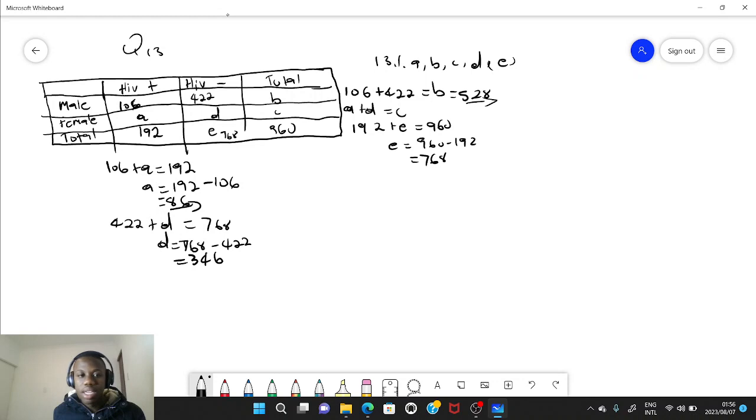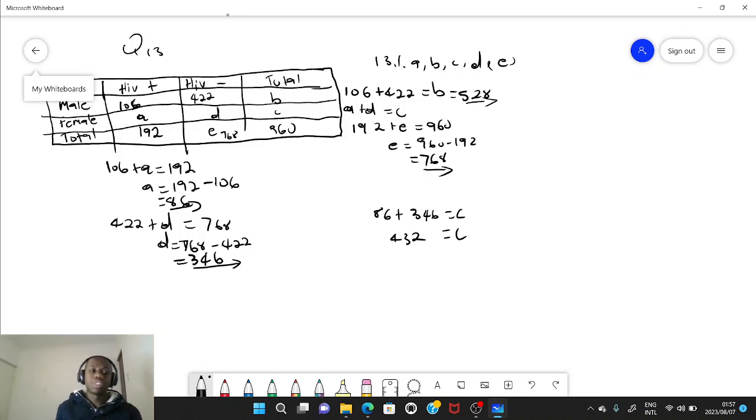So when I add 86 plus D, which is 346, I attain C. So what is 86 plus 346? That's 432. I know that's my C. So I was able to find the value of A, the value of B, the value of C, the value of D, and the value of E.